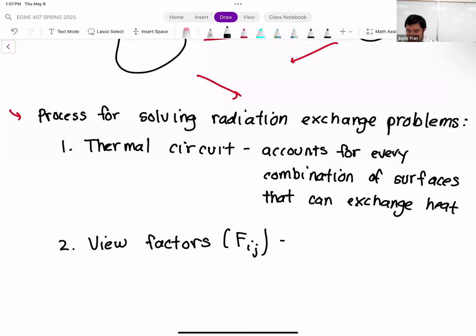And the way that they're defined is that the view factors tell you a percentage: the percentage of radiation that comes off of surface i that's going to impact surface j.